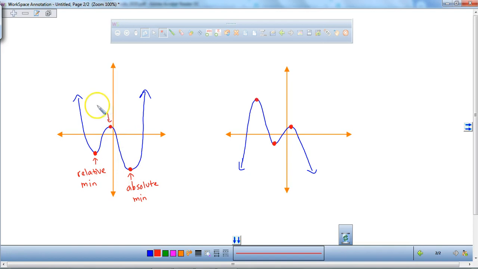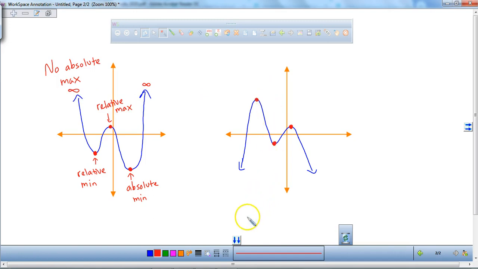This point is referred to as a relative maximum. All right, a relative maximum. Now there is no absolute maximum. Okay, there's no absolute maximum because technically what's happening on the right side and on the left side, it's both going to positive infinity.